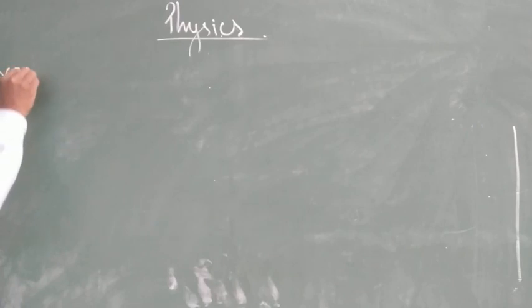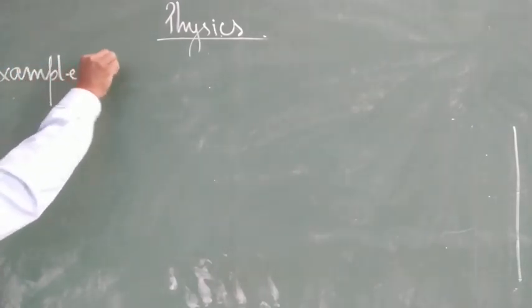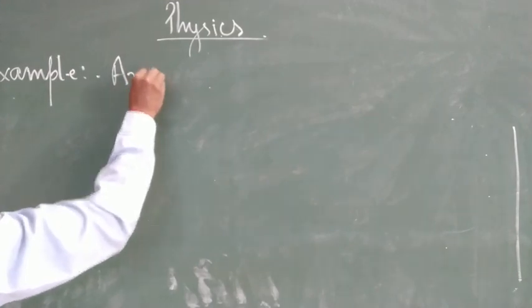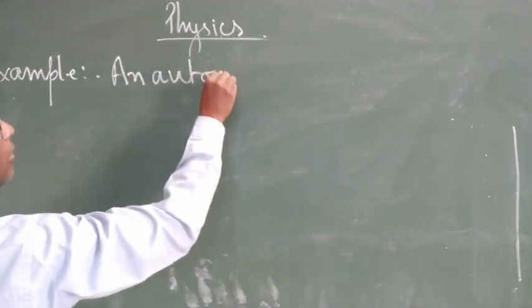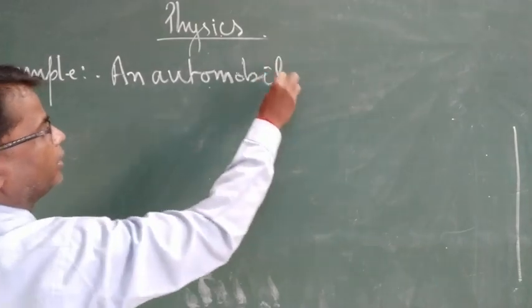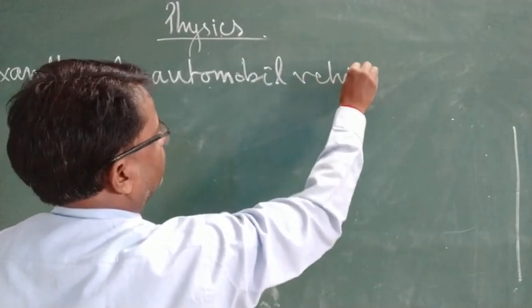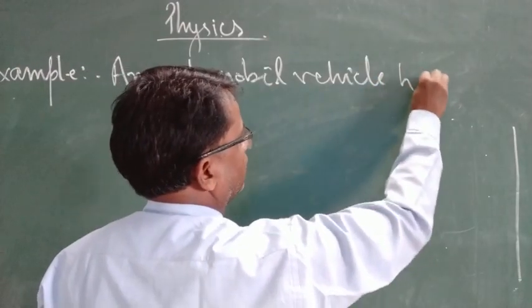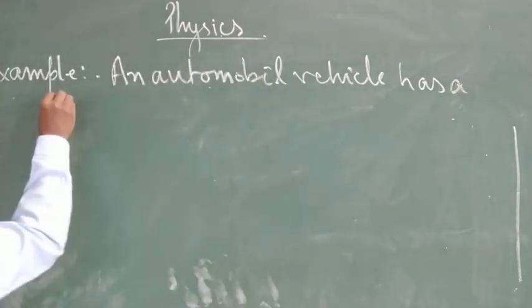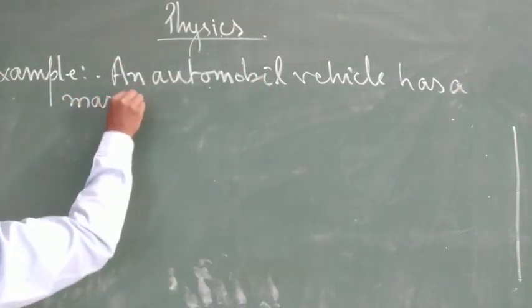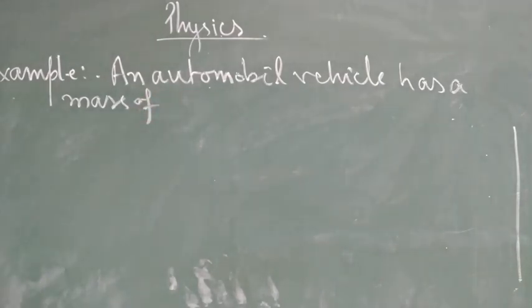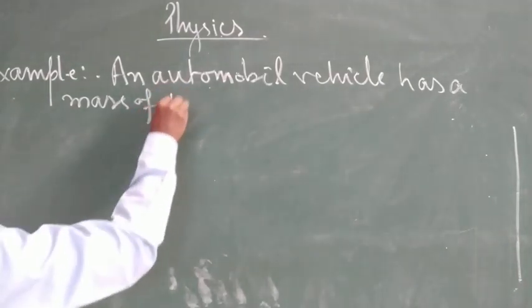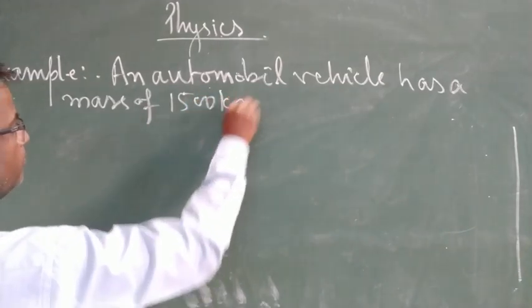Example: an automobile vehicle has a mass of 1500 kilogram.